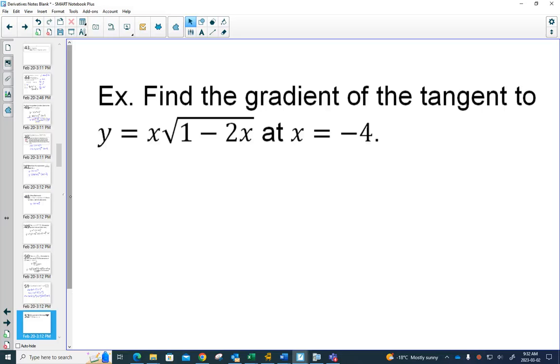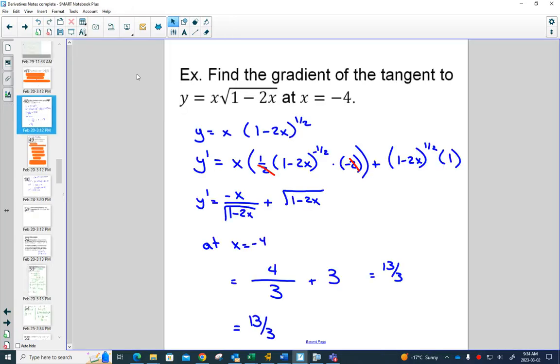Okay, another one for you to try. All right, and there's the answer so you can check how you did. Did you change the square root to a half? Did you see that there was a product rule? Because you had x times by something else, so I kept the first the same, derivative of the second one.